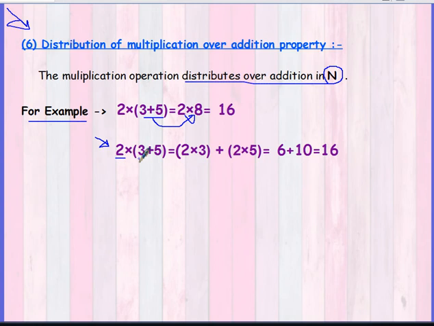Also, 2 times (3 plus 5) equals 2 times 3 plus 2 times 5 equals 6 plus 10 equals 16.